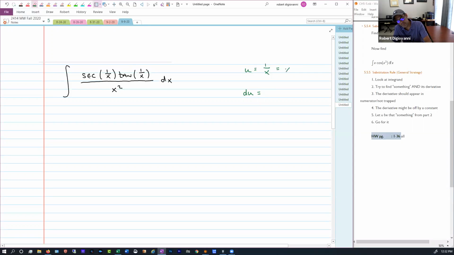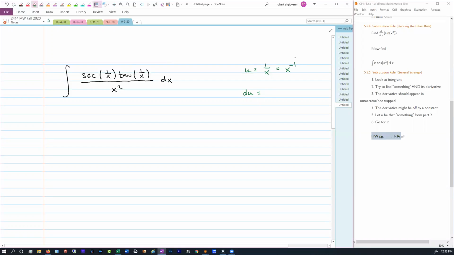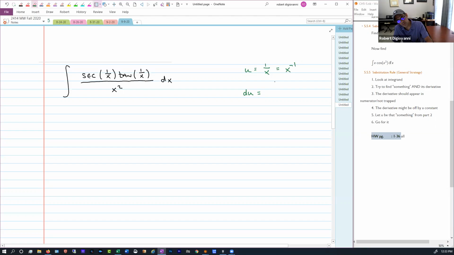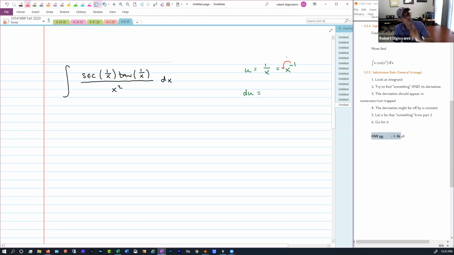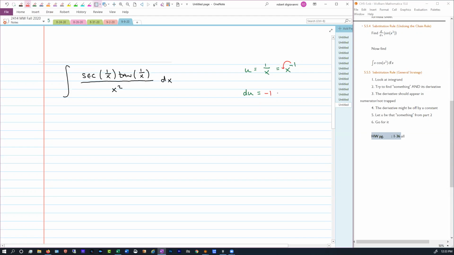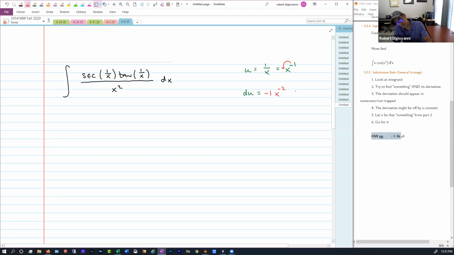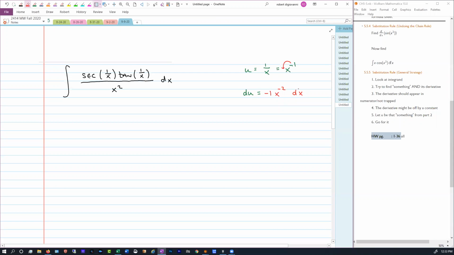Oh, go ahead. Oh, my derivative, I guess, will be a -1. Not quite. You bring the -1 out front. Yeah. And then you subtract 1 from the power. Yes, it'll be -1x, so it's -2. -2, right? dx. Now, do you have that? Because you need to have that there. We need to have it.